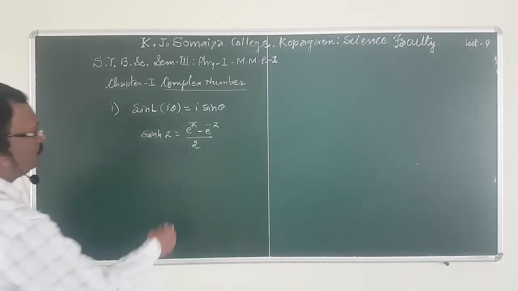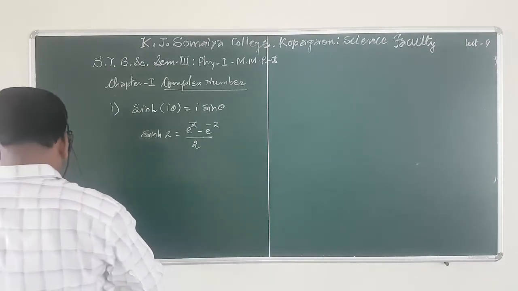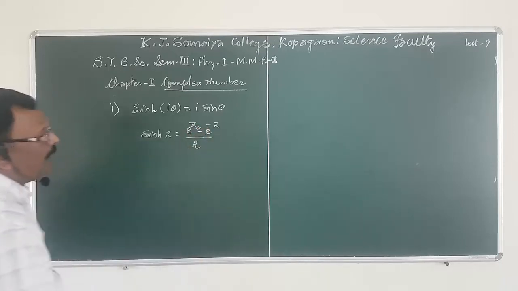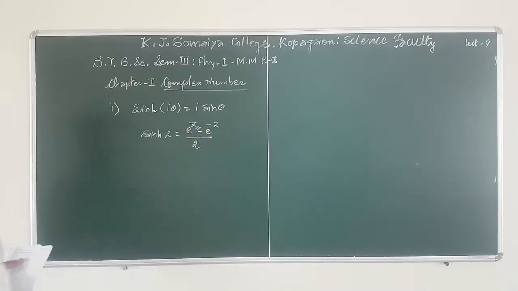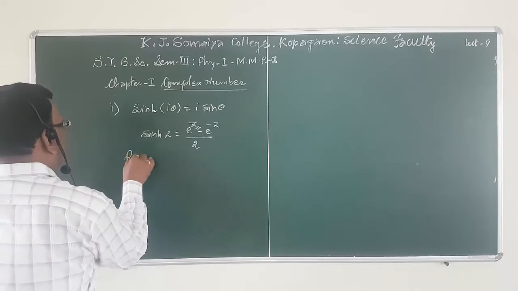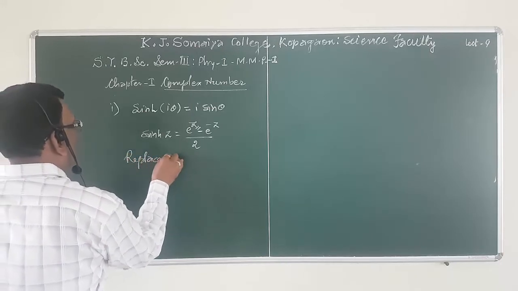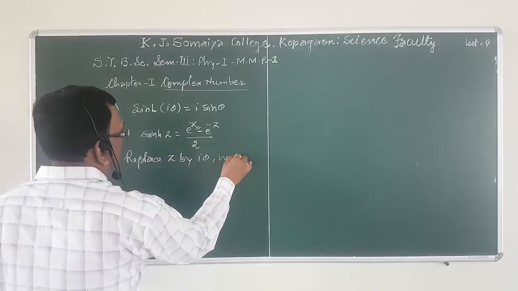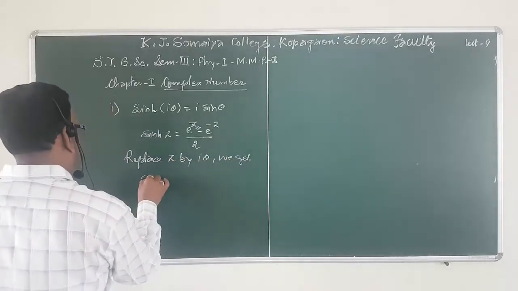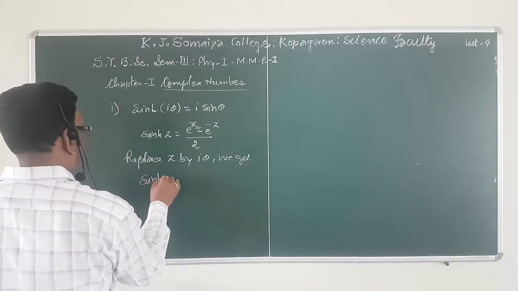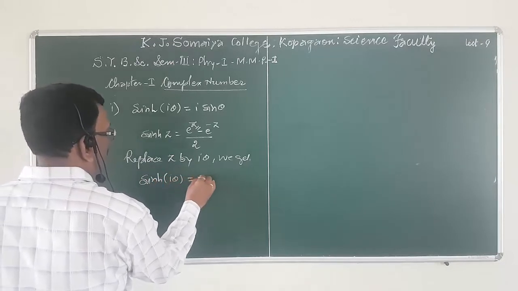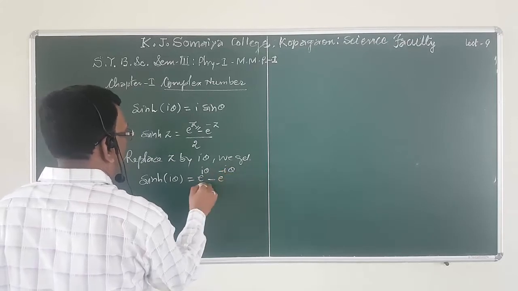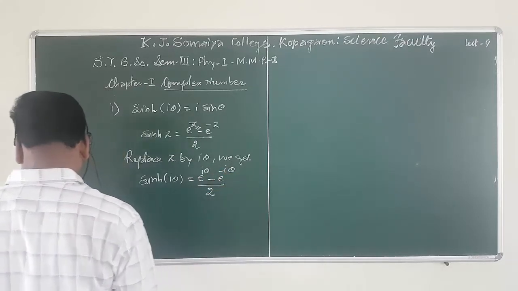Now, replace z by i theta, and we get sin i theta is equal to e raised to i theta minus e raised to minus i theta upon 2.